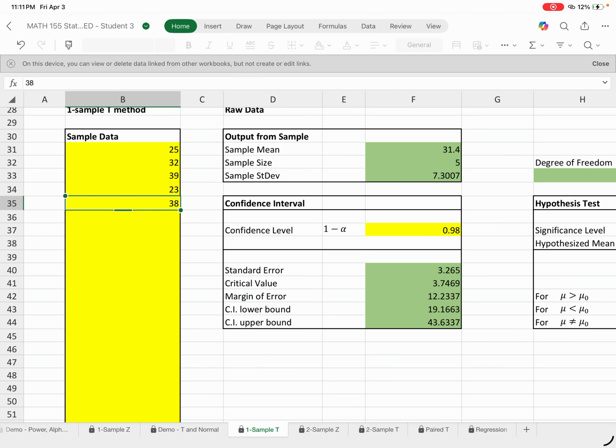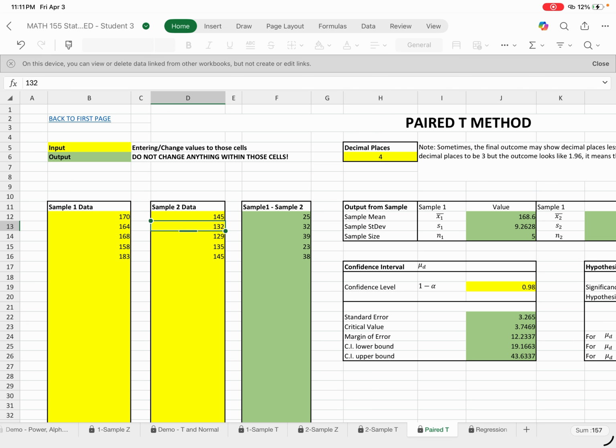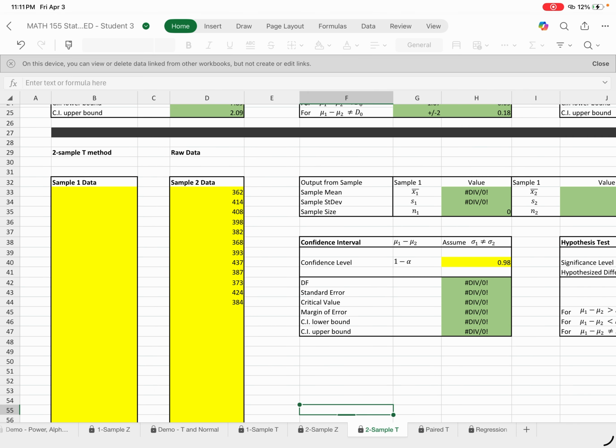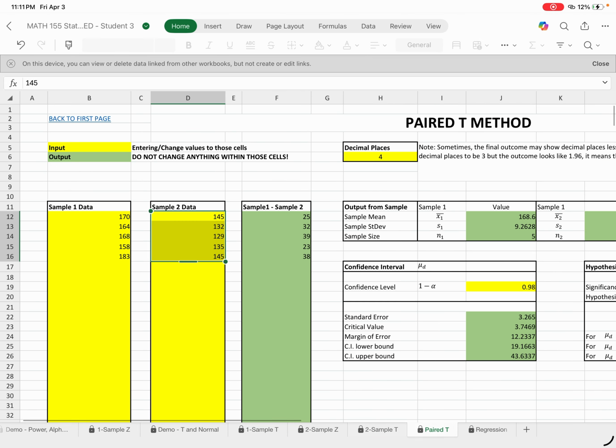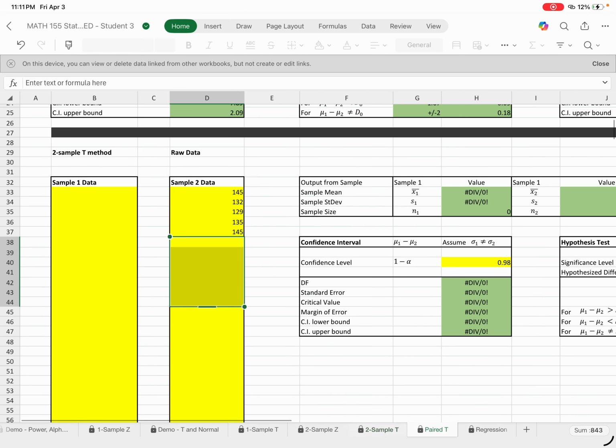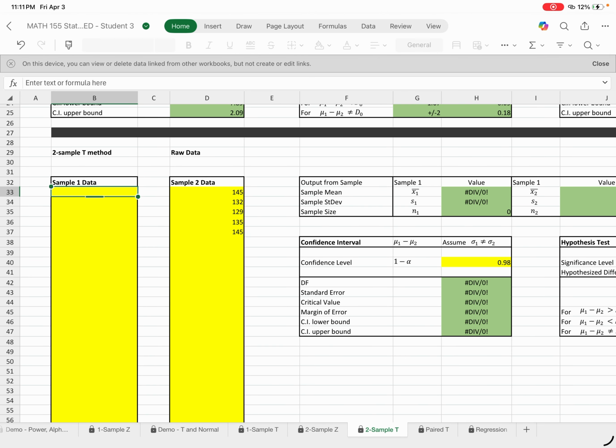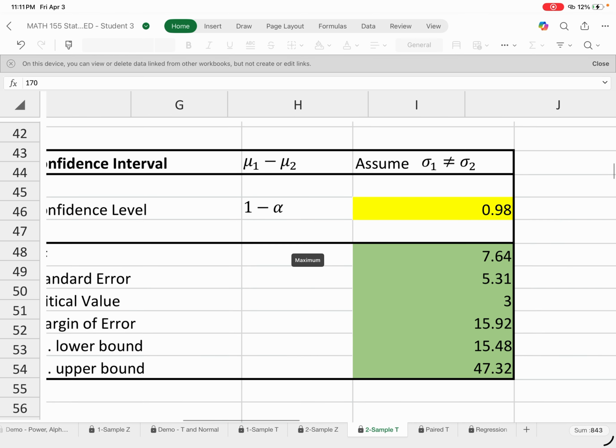Let's go ahead and copy paste our data into the 2 sample t. So ready, let's do this. This guy into here. And then here. And look what our standard error is in this case.